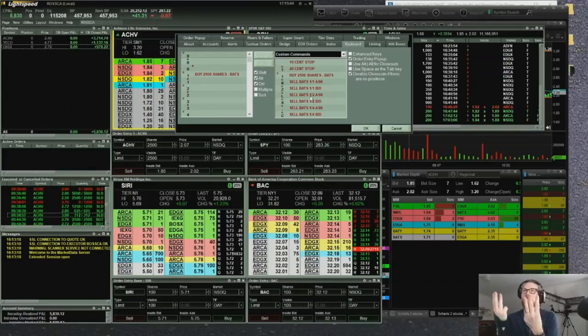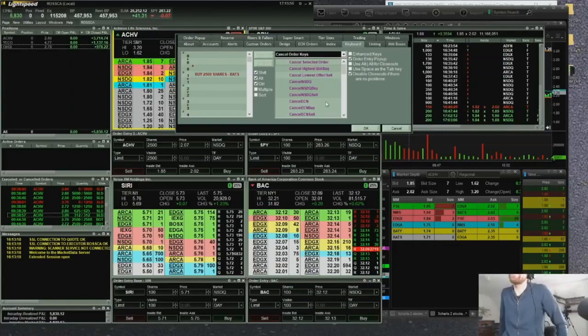So 6 orders for selling, 1 order for buying 2,500 shares, and 1 order for canceling open orders. This is so important because if you do press an order, let's say to buy 2,500 shares, and it doesn't get filled, the stock squeezes up, you want to not forget to cancel it.